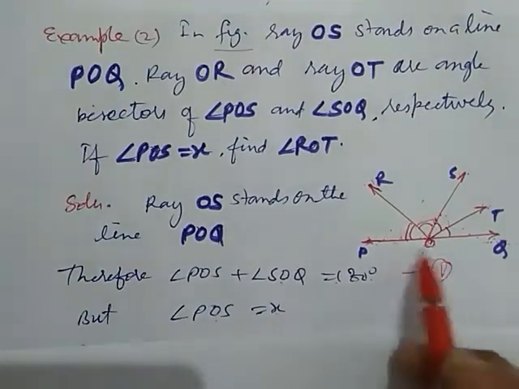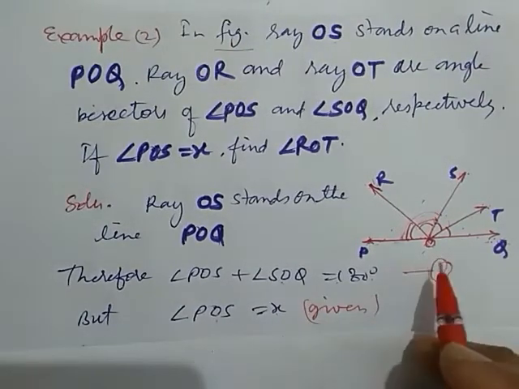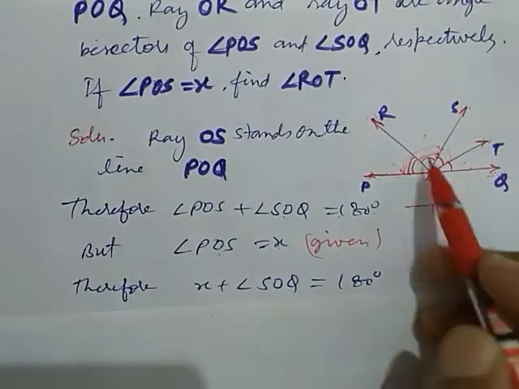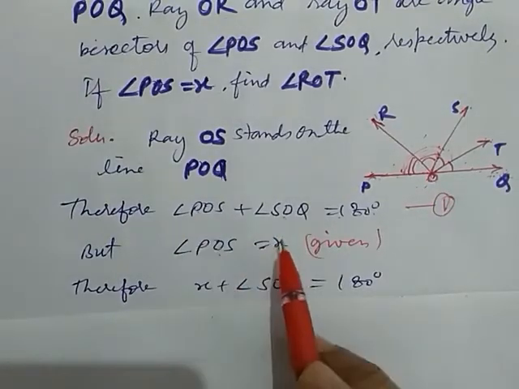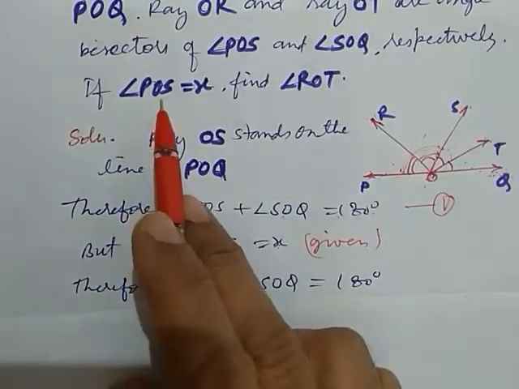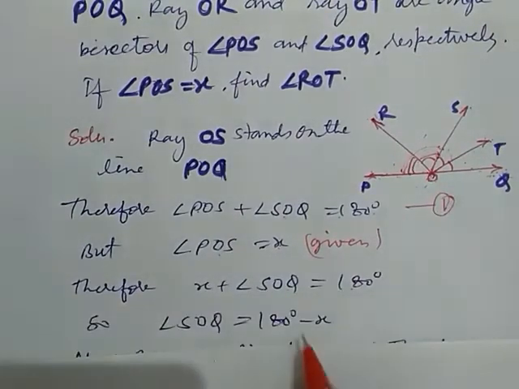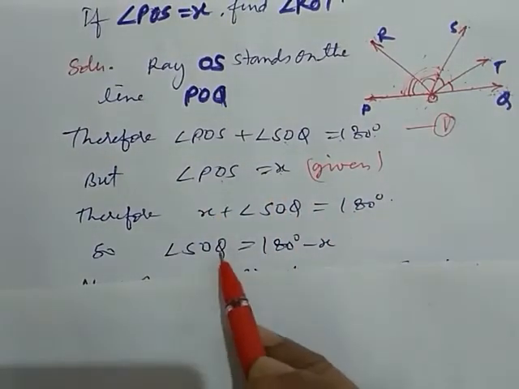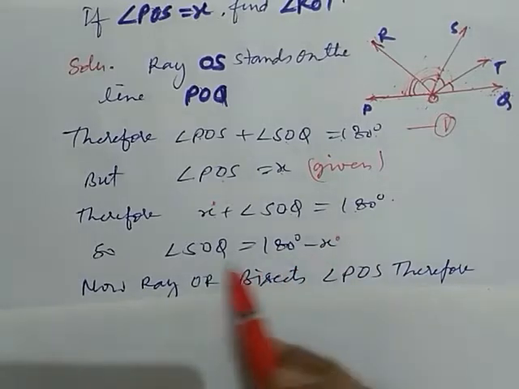Angle POS is x, as given in the question. So x plus SOQ is 180 degrees. Transferring x to the right side, angle SOQ equals 180 degrees minus x degrees. This way we get angle SOQ.